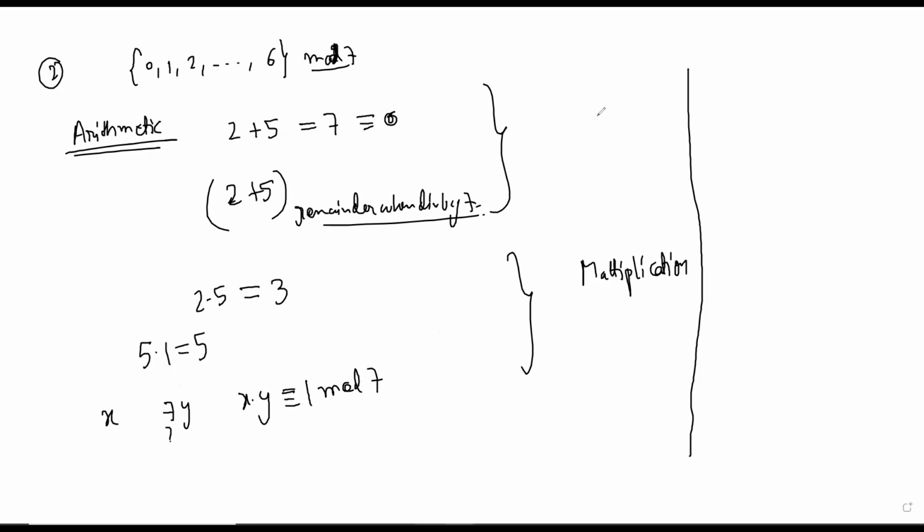Now, why am I doing this? Because if you can prove that for every x there is a y such that x times y is 1 modulo 7, or leaves a remainder 1, then in the sense of this arithmetic, this y becomes the inverse of x. That's how inverses are defined. Half is defined as a number which when you multiply with 2 gives you 1. In this way, y is 1 by x in this world. So this world would have multiplicative inverses.